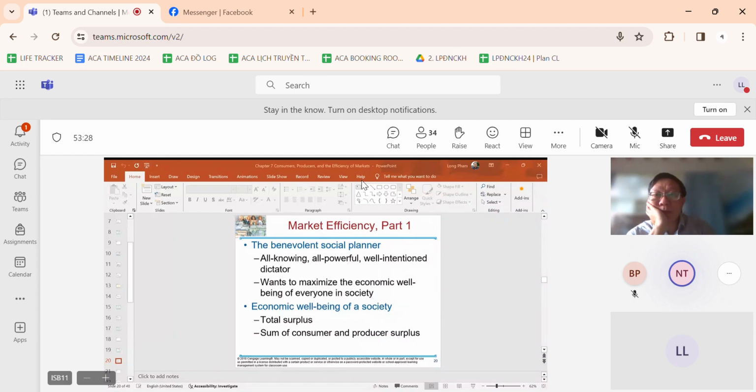When the price of a good increases, the quantity supplied will increase too. And the second reason is that more and more sellers come to the market, and that means they will produce more goods.